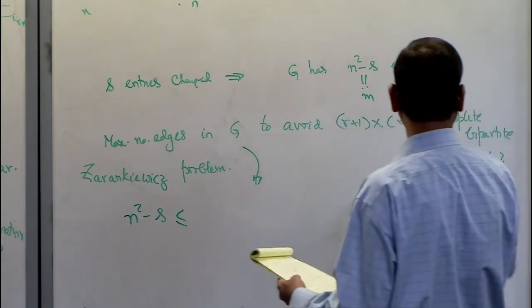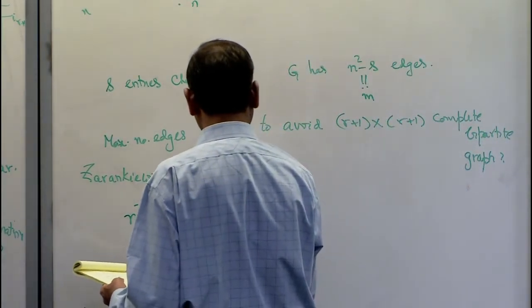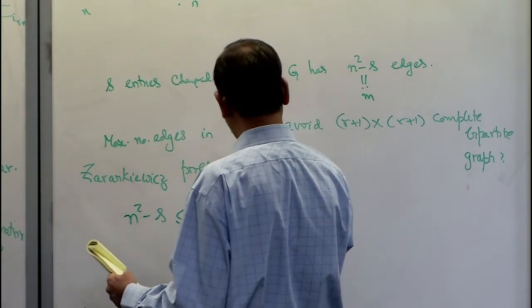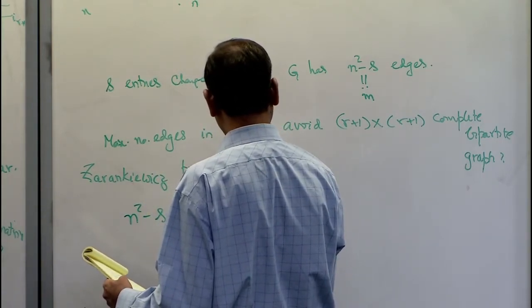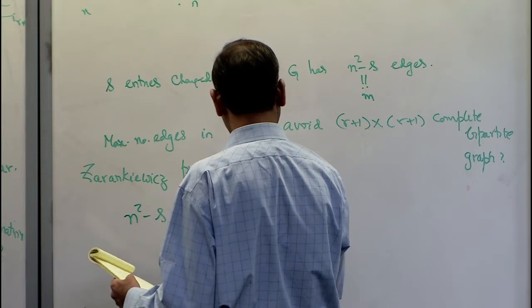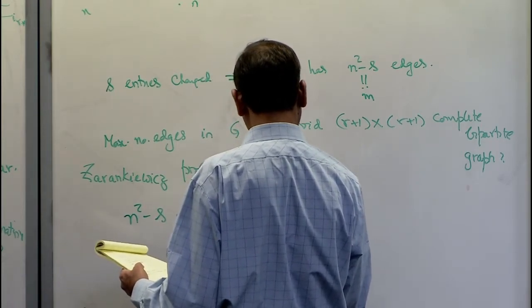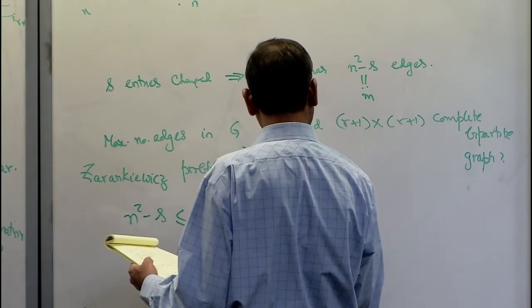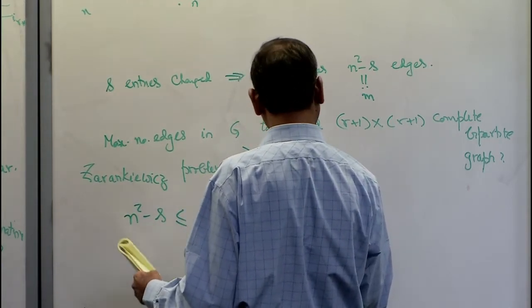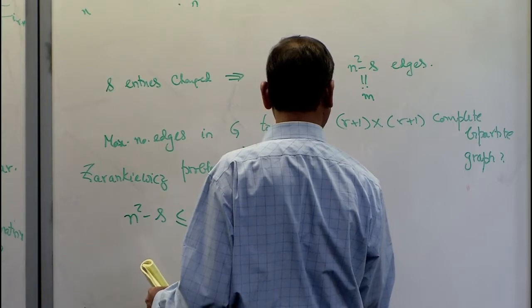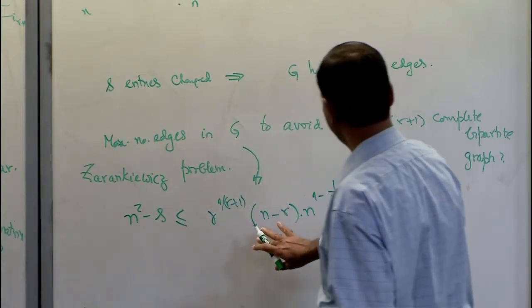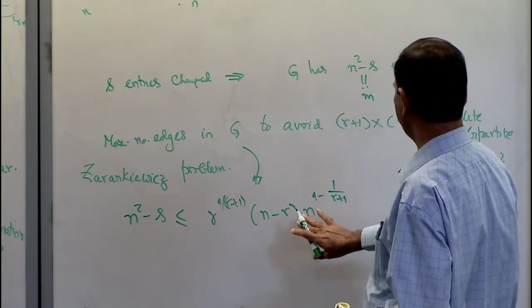We're talking about an R plus 1 by R plus 1, so it will be something like R to the 1 over R plus 1. This is actually not so critical for the computations, but I'll write it n minus R. This is critical, times n to the 1 minus. So roughly speaking, it's n.